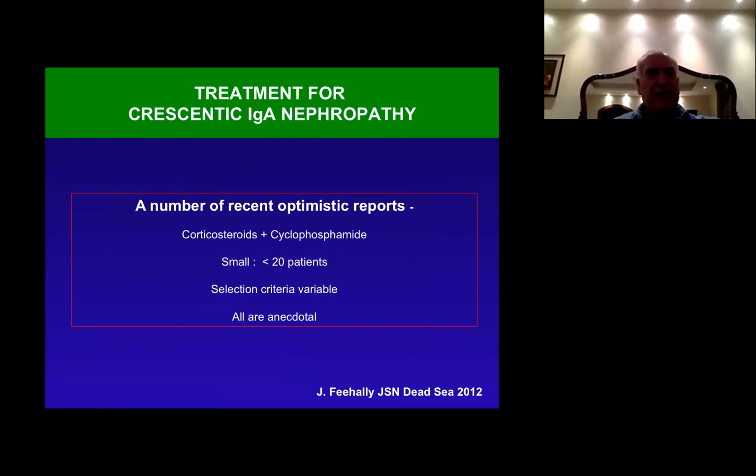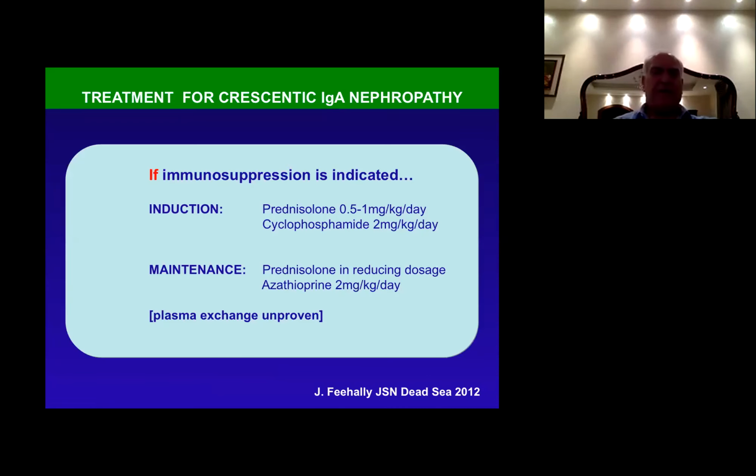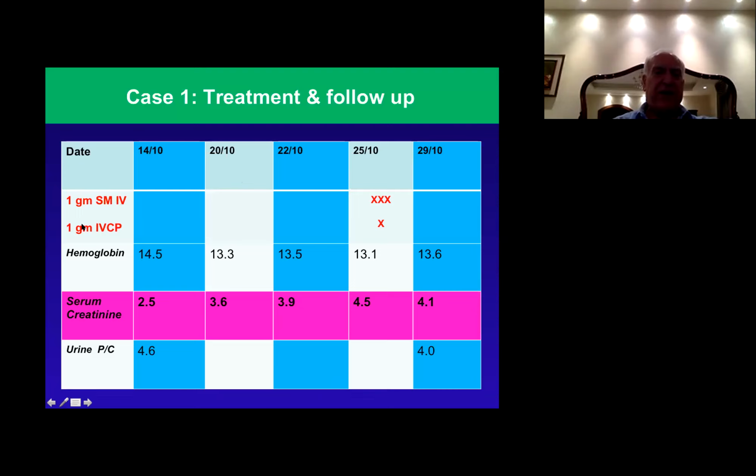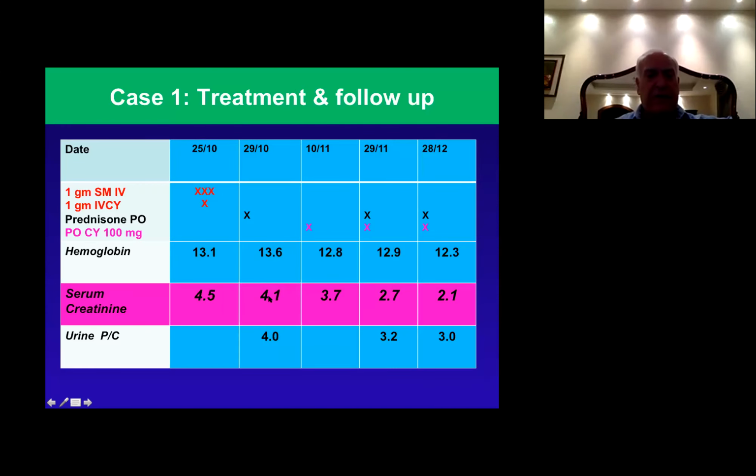Steroids have been tried in small studies, as we mentioned, anecdotal steroid therapy with cyclophosphamide. For our patient, we gave him pulse steroid therapy and IV cyclophosphamide. His creatinine went 2.5, 3.6, 3.9, 4.5. We decided we have to treat this patient, and we followed him, and his kidney function gradually improved to baseline.